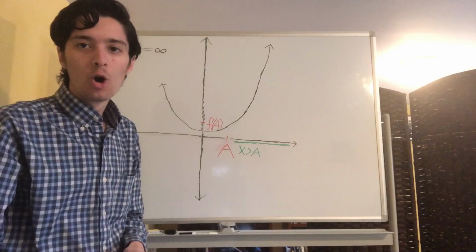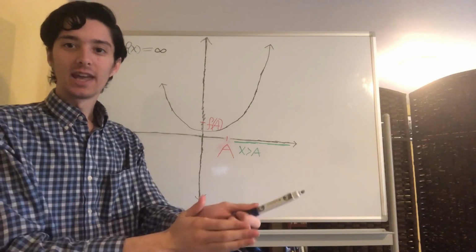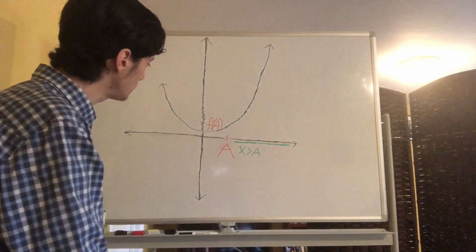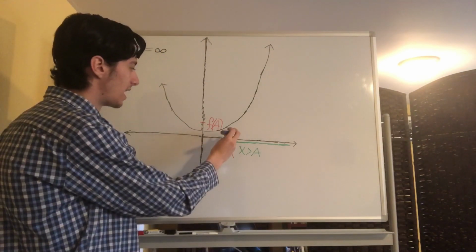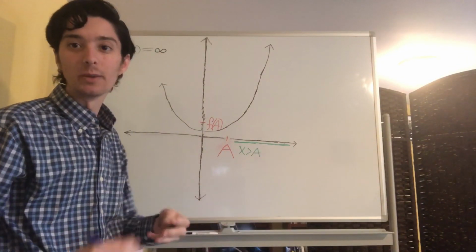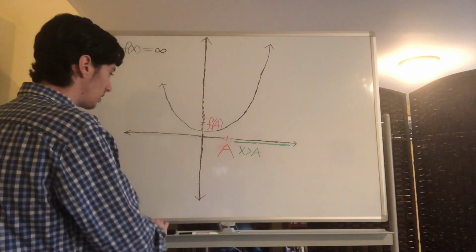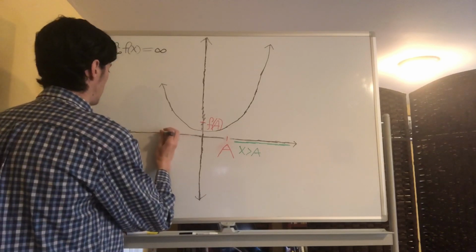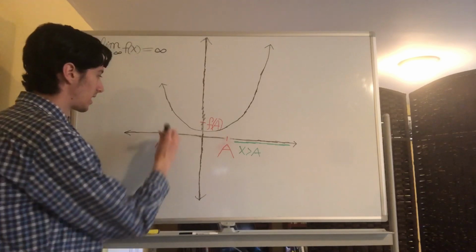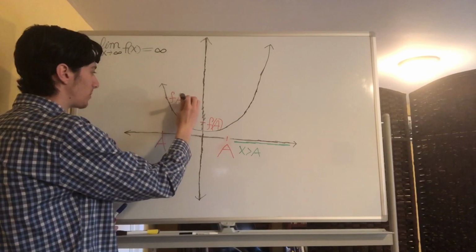What if we moved a around? Would this still be true? Would x being greater than a imply that f of x is greater than f of a? Well, if we move a anywhere on the right side, then nothing would change. It would still be true. But let's say we move a over here. We can call this a sub 1, where this is the height of f of a sub 1.